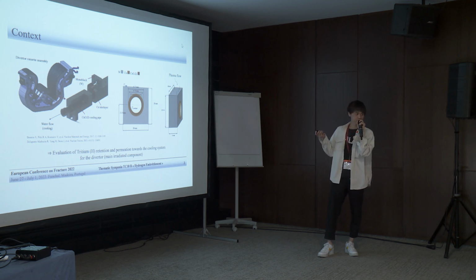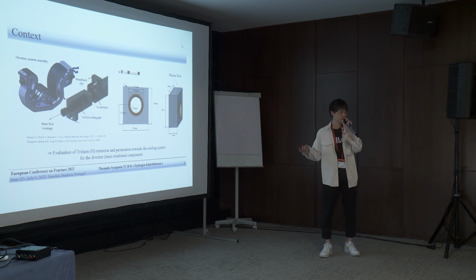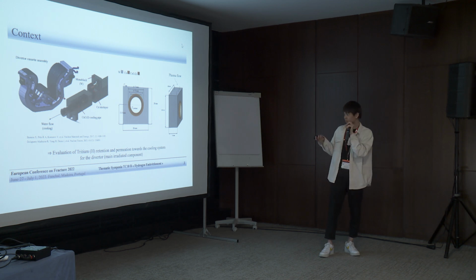Our model is based on a monoblock subjected to plasma flow at its top surface, and our objective is to evaluate the hydrogen retention in the monoblock and the hydrogen permeation towards the cooling pipe.